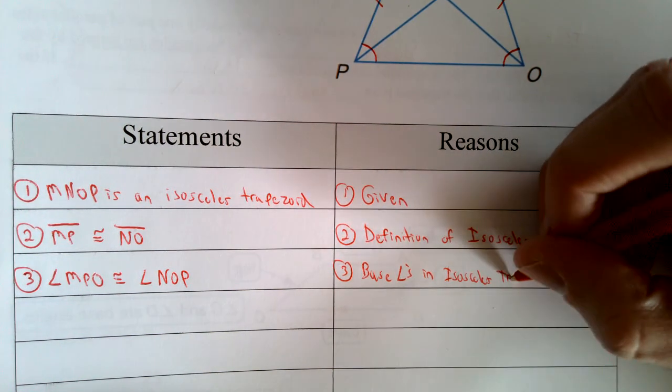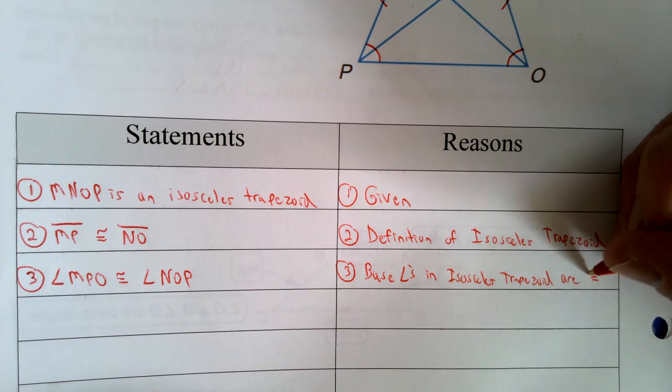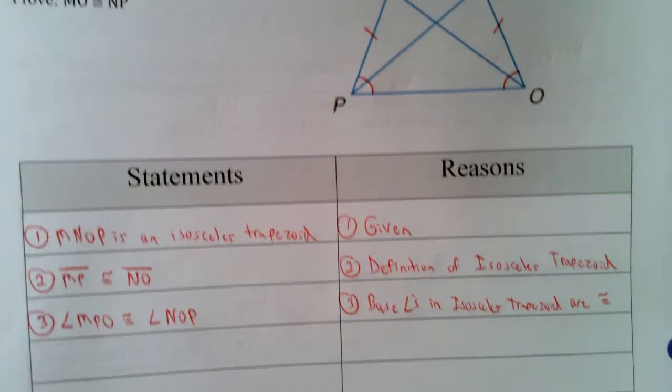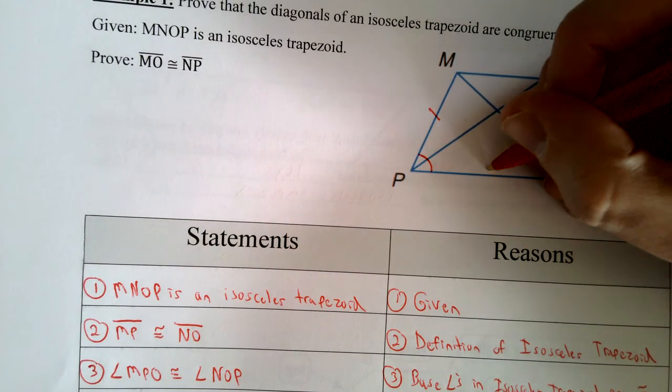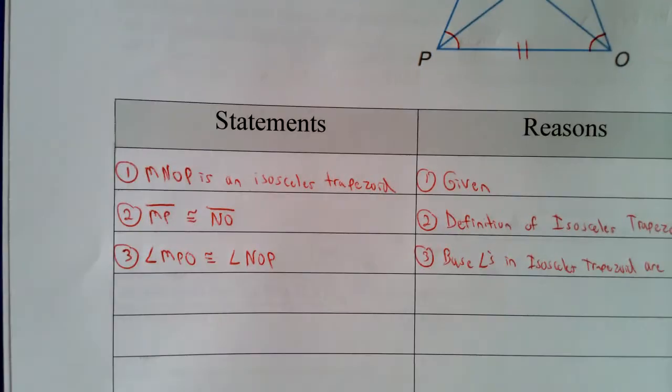There's no theorem name for that. Next, I'm going to use the reflexive property. I'll say PO is congruent to PO, reflexive property.